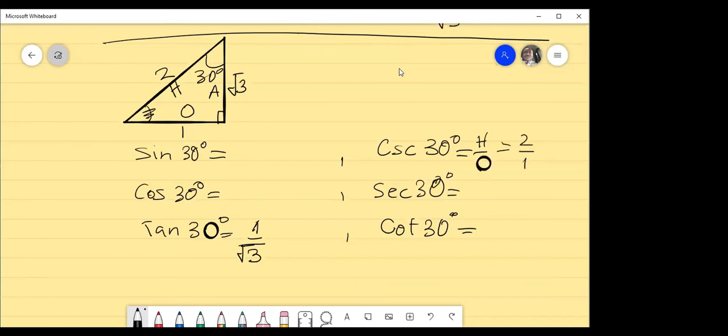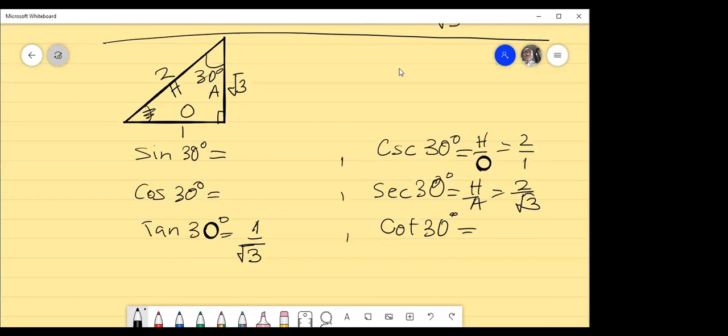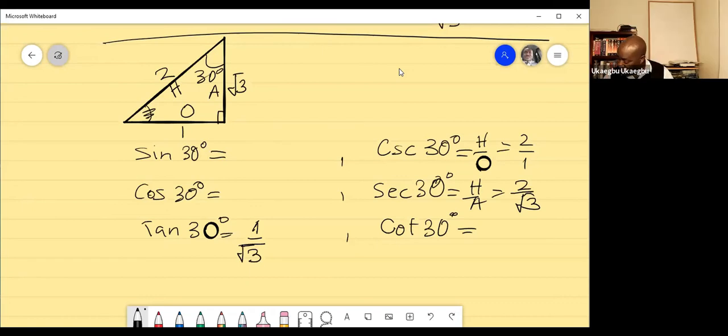Yes, sec please. 2/√3. Yes, 2/√3, square root of 3. So it is hypotenuse over adjacent, which is 2/√3. Brenda, finish it up. What is cotangent 30 degrees? It'll be square root of 3/1. Okay, square root of 3/1.